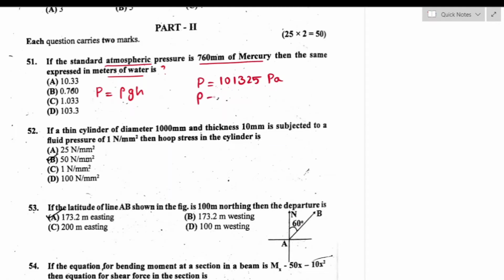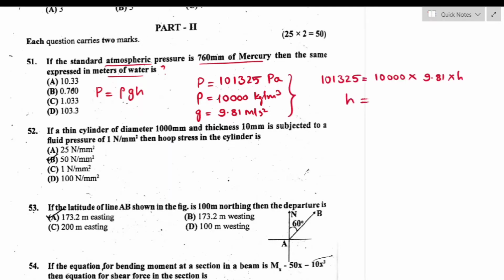Rho is the density of water, 1000 kg per meter cube. g is the acceleration due to gravity, 9.81 meter per second square. h is the height of the fluid or liquid shown against the pressure. If you substitute these values in the basic pressure equation, the height of the water shown against the pressure will be 10.333 meter. Option C is the right answer.